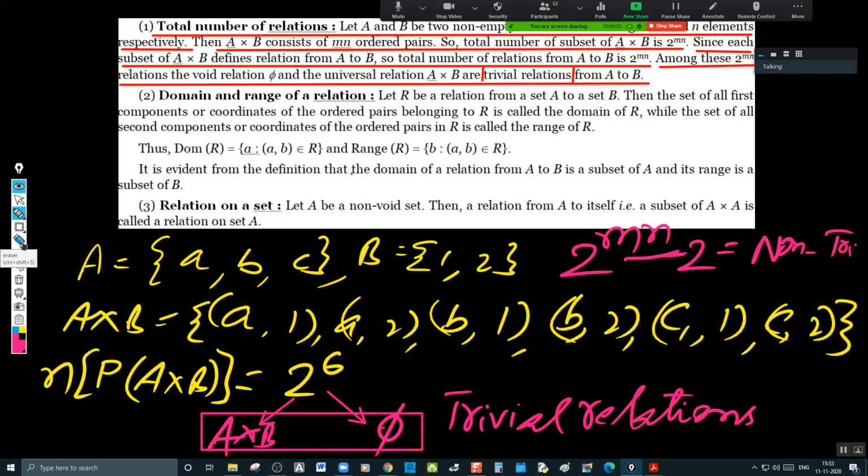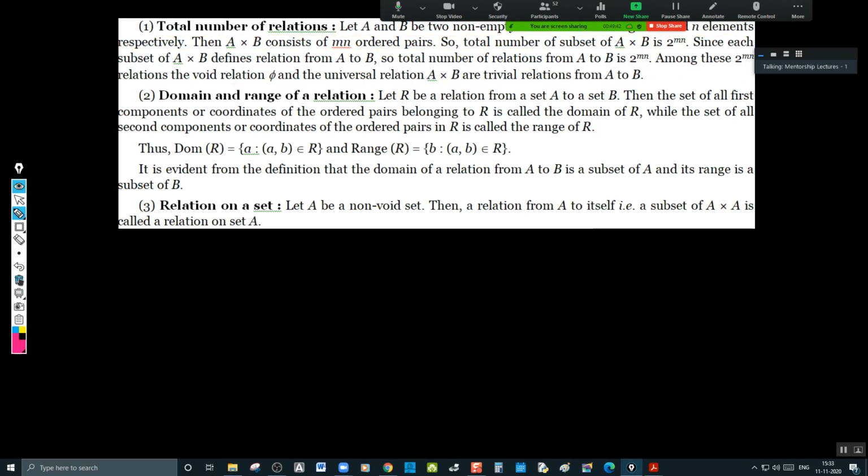Okay. Now, the next very important concept, which will be continued in functions, is the domain and range of a relation. Very simple. Domain is nothing but input. Domain is equal to input, and range is nothing but output.